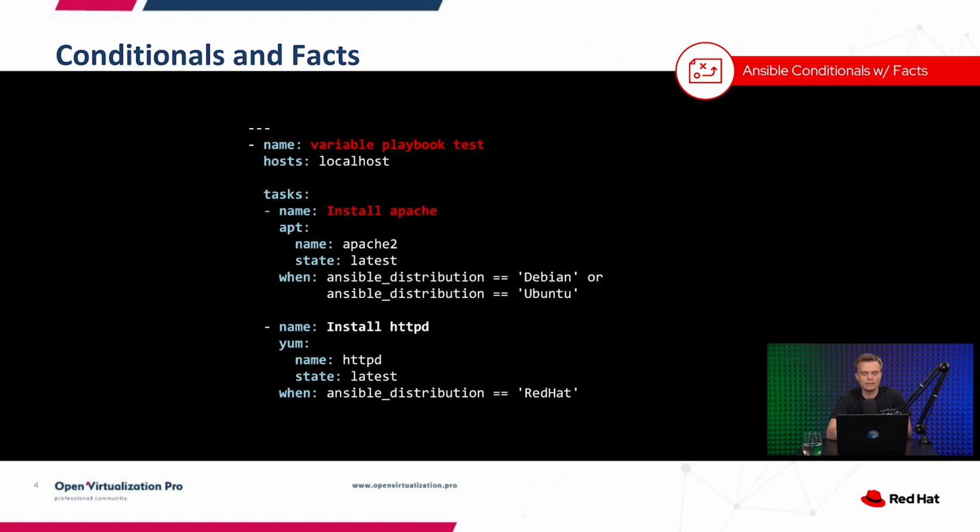but it provides a wide range of different information about the host. In our case, we are using ansible_distribution to specify that the install Apache task is going to be executed either when ansible_distribution is Debian or it's Ubuntu in this case. And we are actually using the apt module.